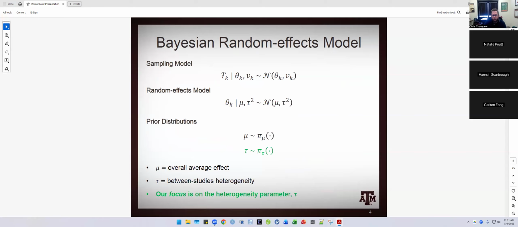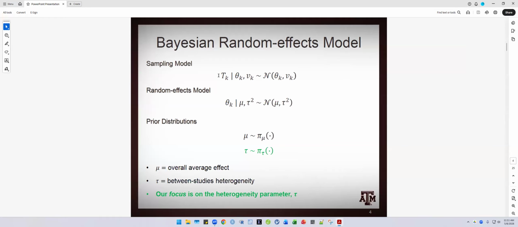So T sub k is an effect size estimate from a study, the kth study, if you will, and the first level is just the observed effect size level. How it's written here is fairly standard, as seen in most textbooks and a lot of papers.